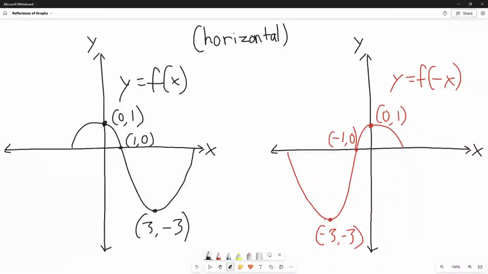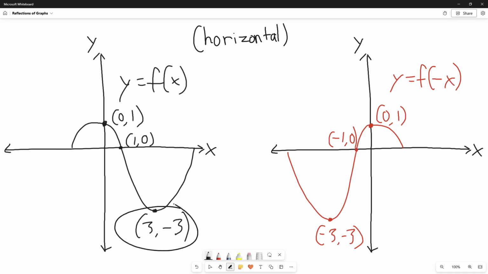The first type of reflection is a horizontal reflection, which is the reflection over the y-axis. If you have a function y equals f of x, then after you reflect it over the y-axis, it's going to become y equals f of negative x. You can see that the x values change, where the sign flips.